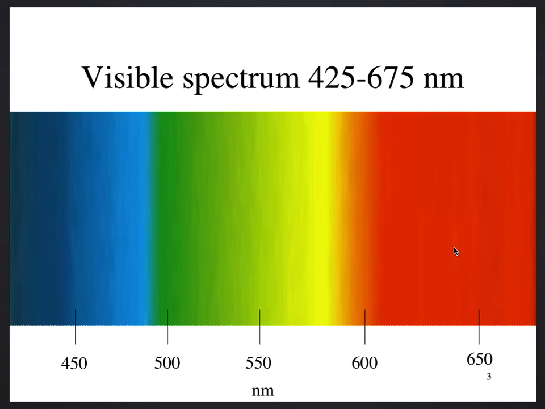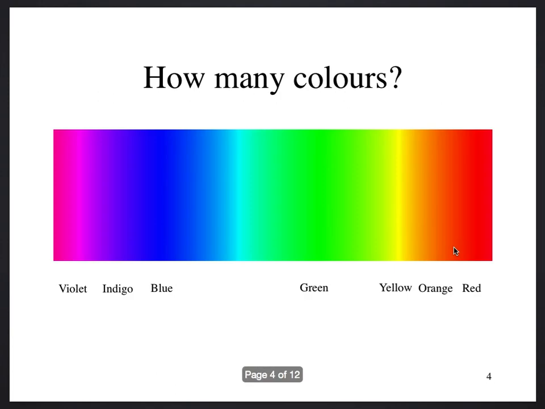And then this raises the question, how many colours are in there? We've broken these up into red, orange, yellow, green, blue, indigo, and violet. And you remember in the last class we were talking about shades of grey and quantization levels.